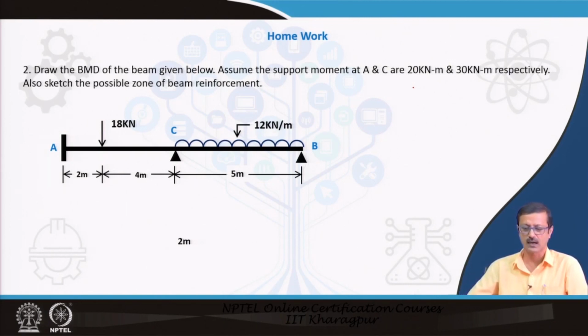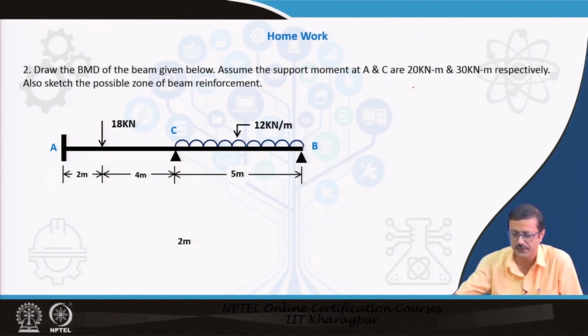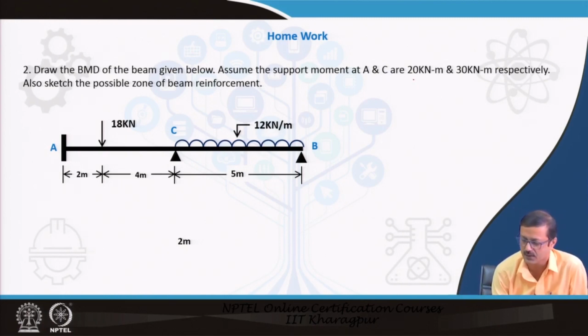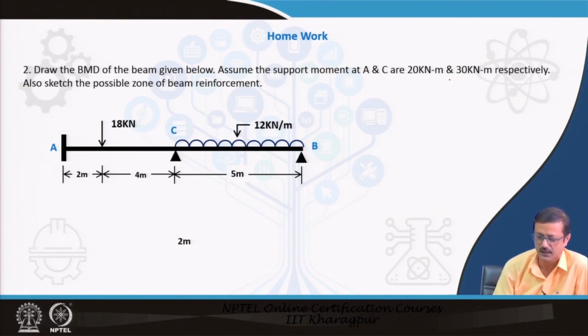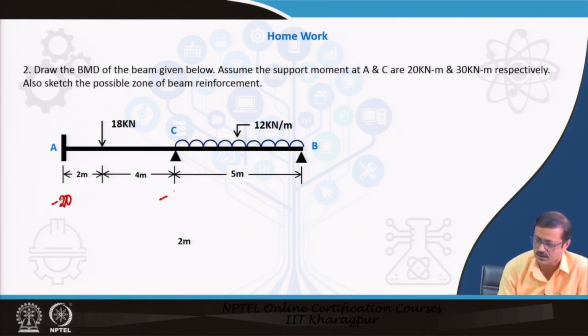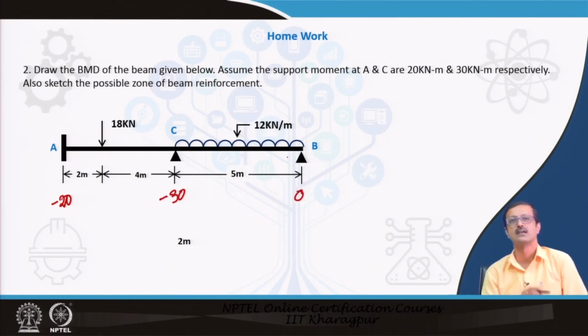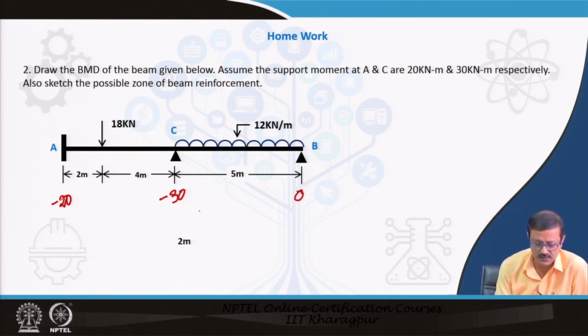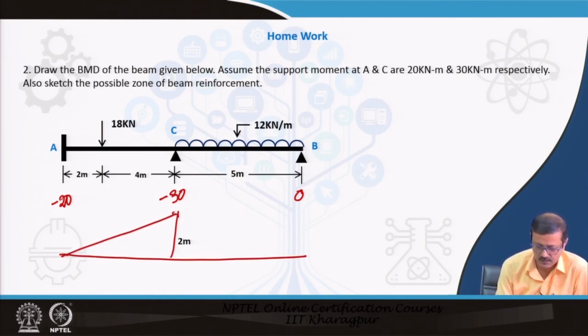If the support moments at A and C are 20 and 30, which I have given as an assumed case, sketch that bending moment diagram. Assume this is going to be minus 20 at A, and at C it is going to be minus 30, and definitely at B it is 0 because the end is a simply supported case.